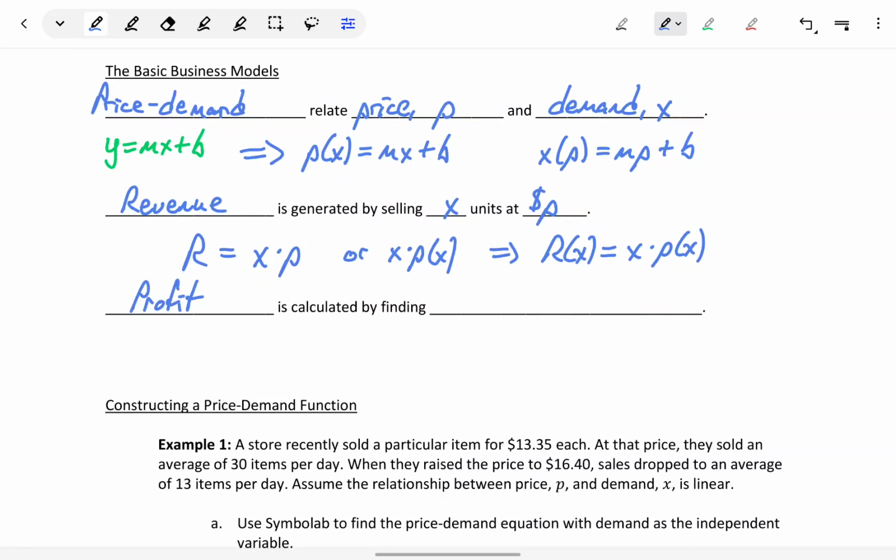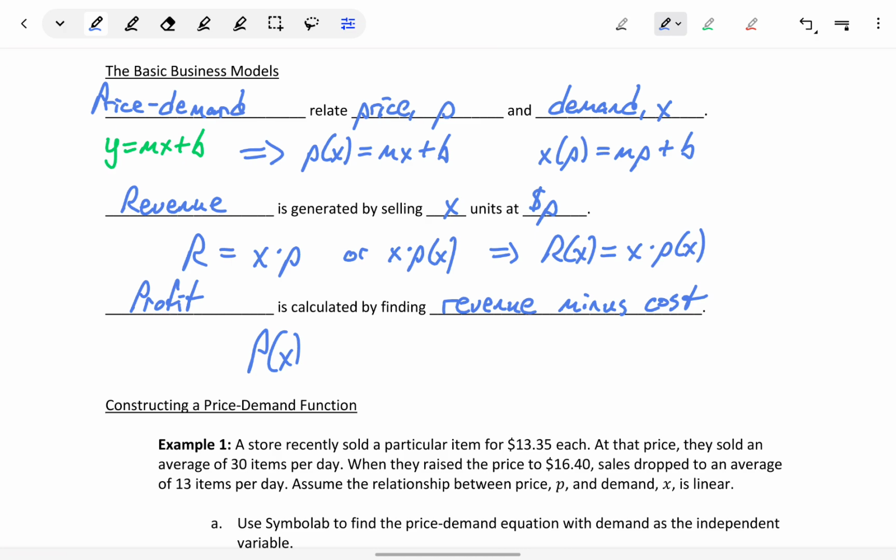And then we also have a profit function, where profit is calculated by finding revenue minus cost, meaning that our function capital P of x, which is why we stressed that before, lowercase p indicates price, capital P indicates profit.